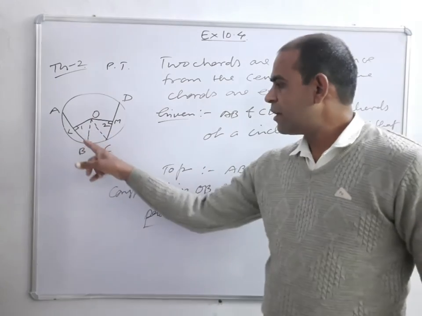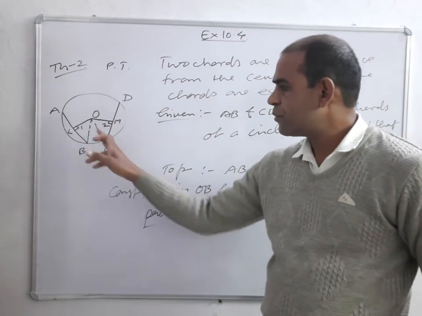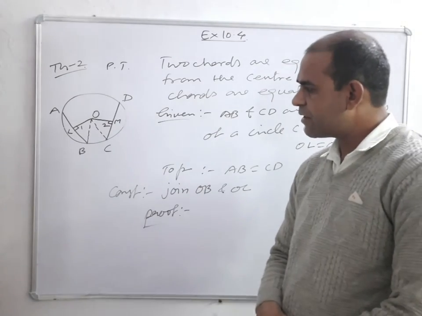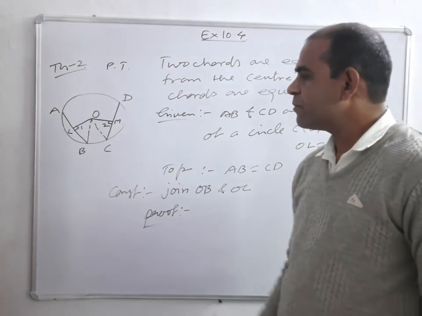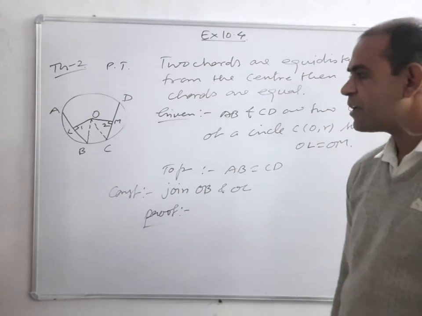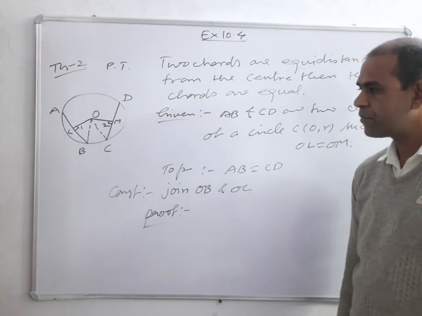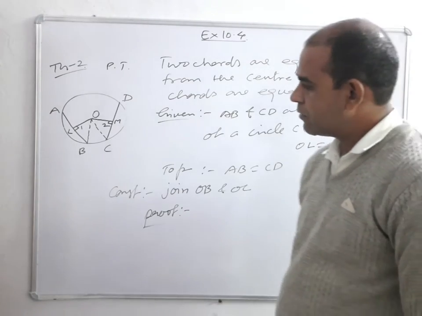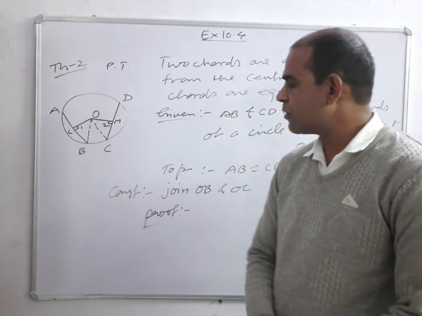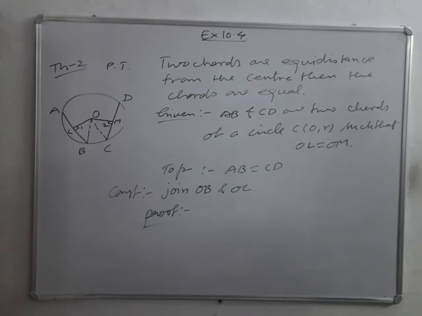In triangle OLB and OMC, first angle 1 equal to angle 2, 90 degrees. It is given. OL equal to OM is given, equidistance. And perpendicular from the center of a circle to a chord bisects the chord.